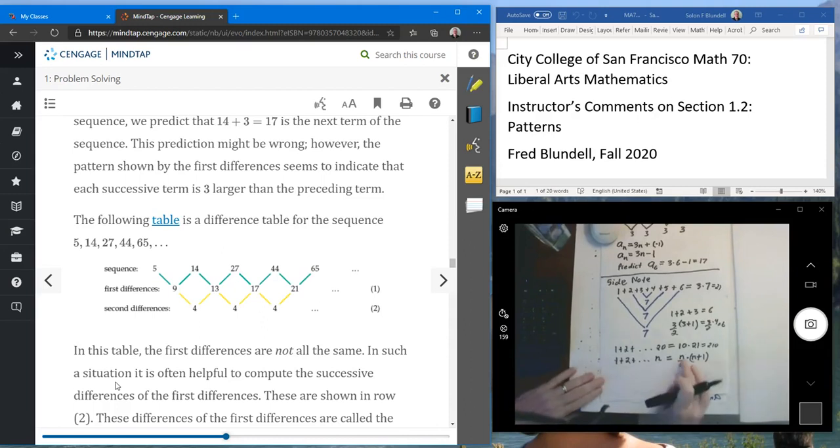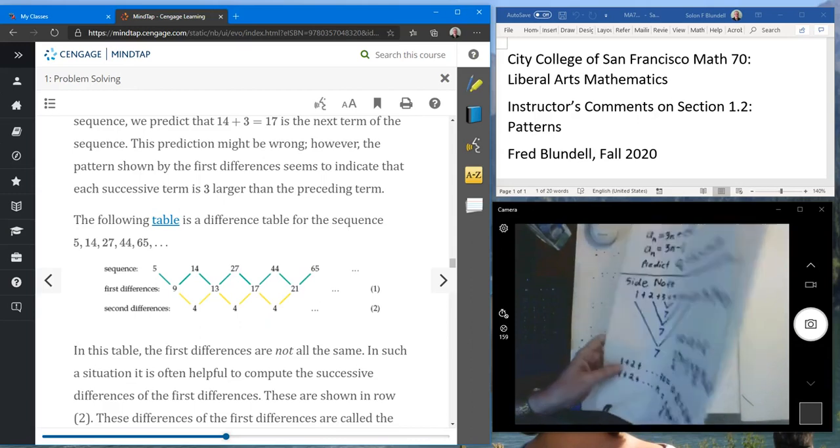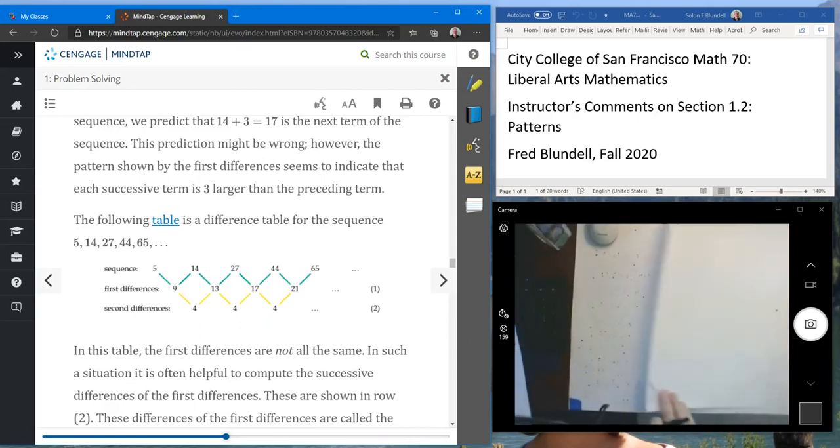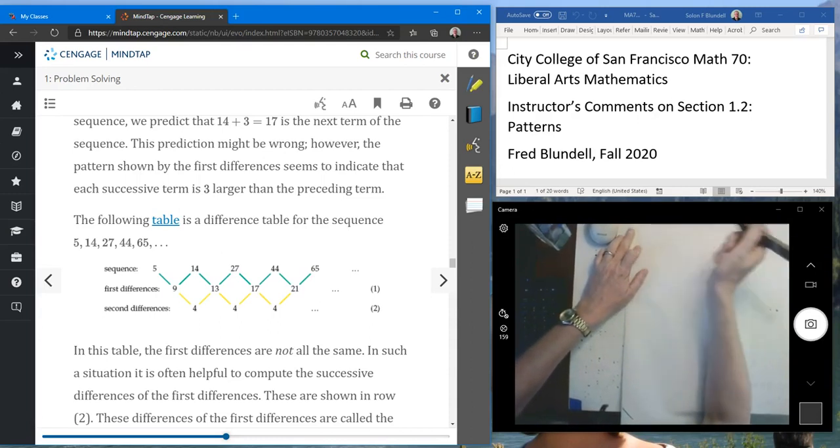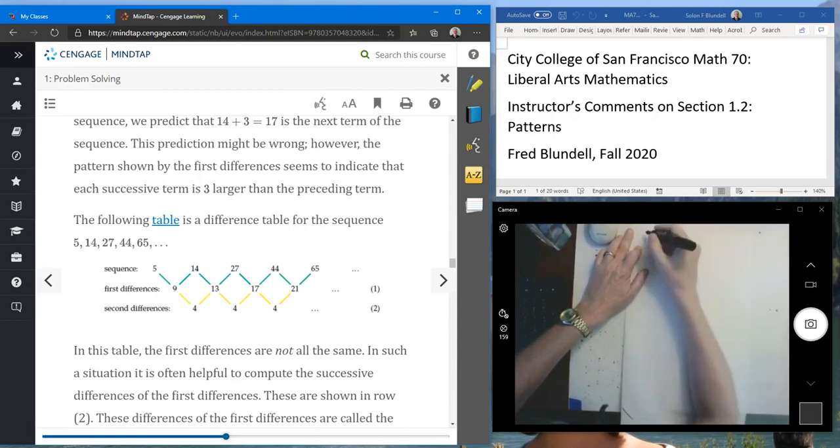Okay, so we're going to use this formula as a step along the way when we're solving to find the next number in this sequence. So now I'm back to the textbook. This is the example from the textbook.